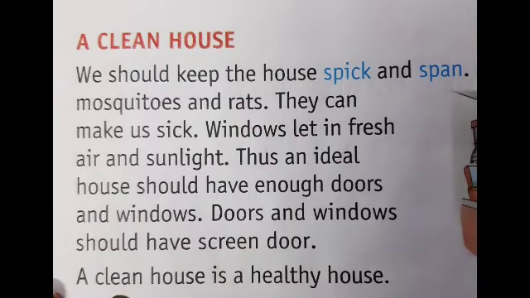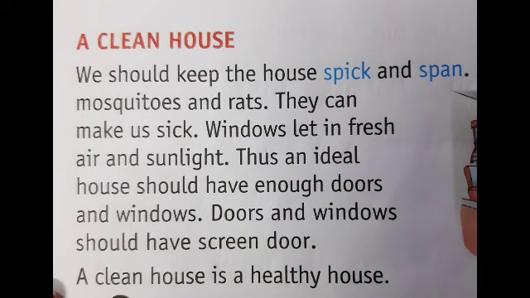Now next we will study about a clean house. We should keep the house spick and span, which means neat and clean. Mosquitoes and rats can make us sick if our house is not neat and clean. Windows let in fresh air and sunlight.